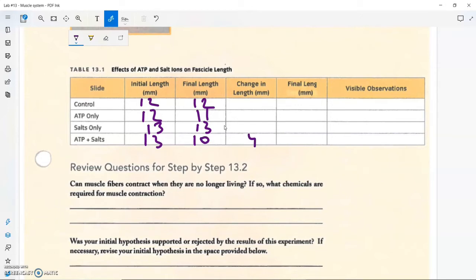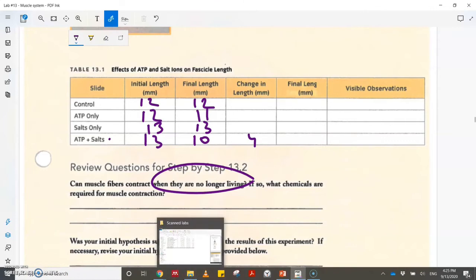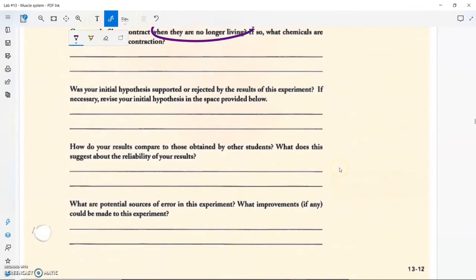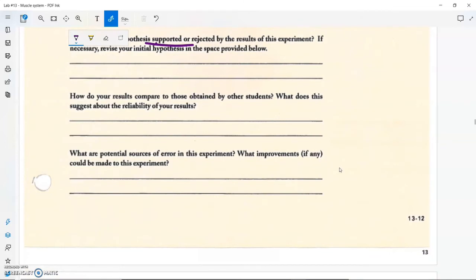So first of all, muscle fibers can contract when they're not part of living tissue, and chemicals that are required for muscle contraction turn out to be ATP and salts. Our initial hypothesis was supported, of course, and yes, that would be the general result.